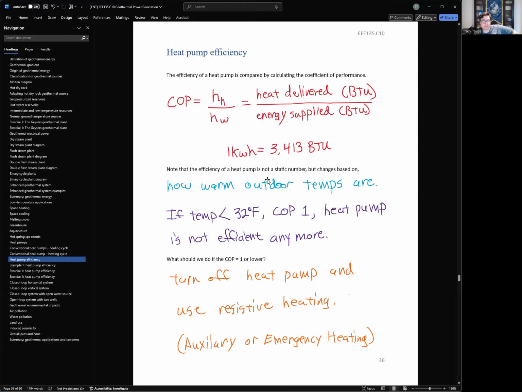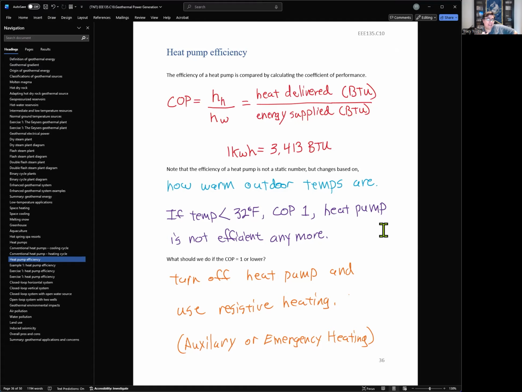Note that the efficiency of a heat pump is not a static number for a device. It changes based on the outside temperature. So depending on the temperature outside your house, this could be higher efficiency or lower efficiency. For example, if the temperature is less than 32 degrees Fahrenheit, basically below freezing, the COP is 1, meaning the amount of energy you're putting in electrically to the compressor is equal to the amount of heating you're getting out.